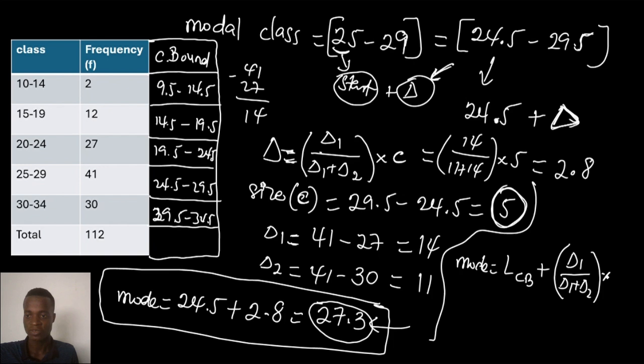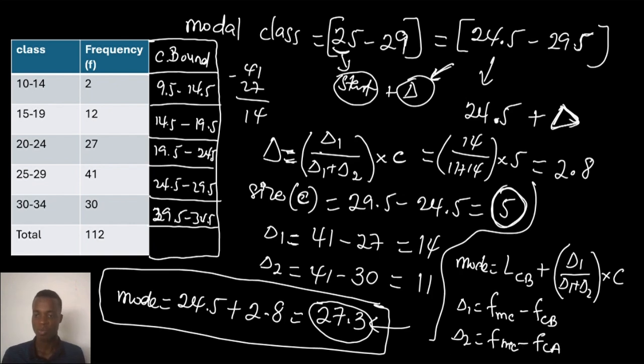Change 1 is the frequency of the modal class minus the frequency of the class before, and change 2 is the frequency of the modal class minus the frequency of the class after your modal class. So first focus on the modal class to get the lower class boundary. We don't work with the class limit.